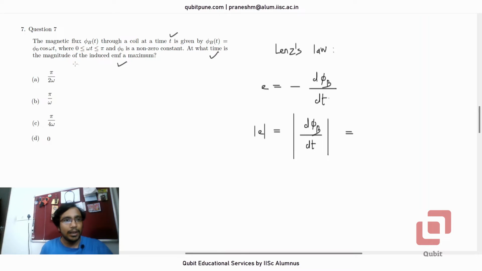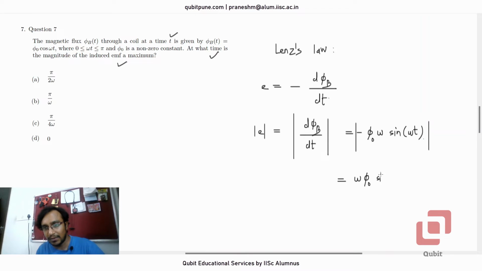So phi B is phi naught cos omega t, so let us differentiate that. Phi naught is a constant, and the derivative of cos omega t is negative omega sin omega t. But again, because we are interested only in the magnitude, it will be omega phi naught sin omega t.